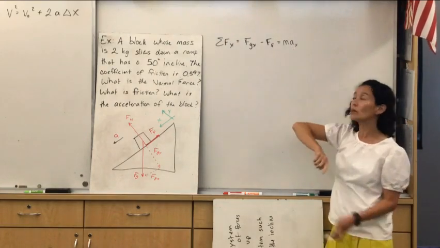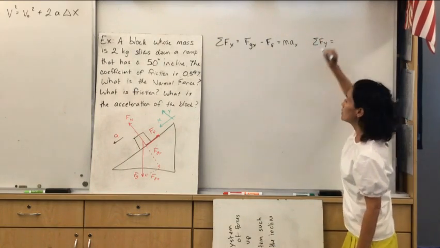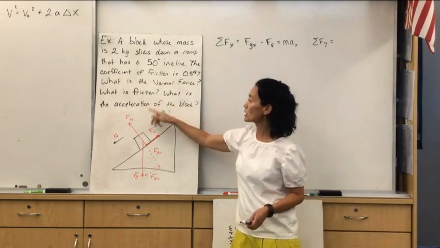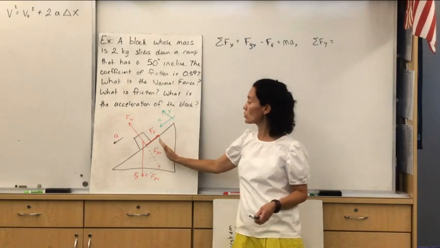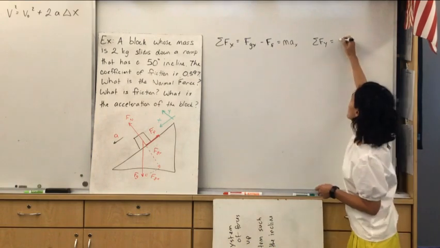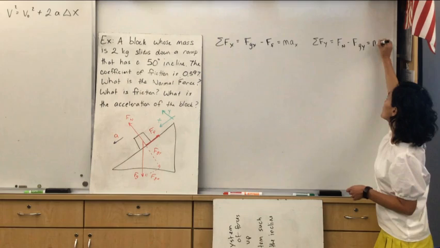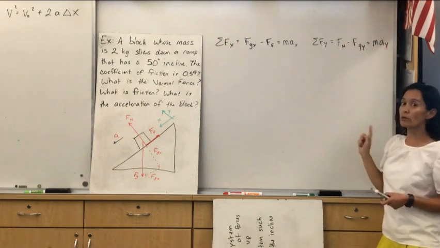Let's do the y equation. So vertically, my y direction is like this. I have Fn, and then I have this FGY. Fn is going up, FGY is going down, so I'm going to subtract them. So Fn minus FGY equals MAY. Now here is where we think about this.